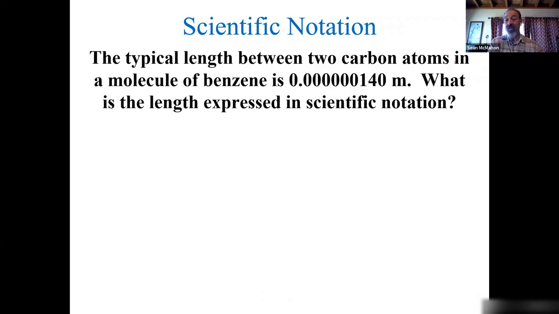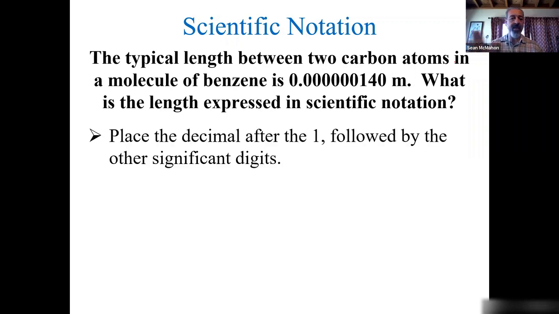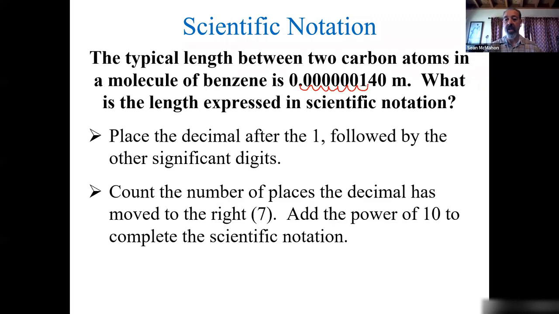We also deal with really small numbers. So, we're going to do all those zeros? Nah. Again, what am I doing? I'm moving this over. 1, 2, 3, 4, 5, 6, 7. Right? So I moved it over 7 to get behind the 1, the first non-zero digit. Right? I'm dropping those zeros because they're leading. They don't count. I'm including this 0, though, because it's trailing and there's a decimal.